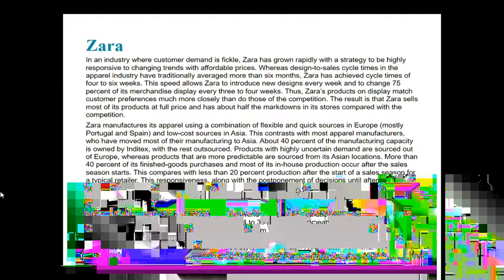Also, it is closer from Spain to the US than from Asia to the US, so when they send their products to American stores, it takes less time from Europe than from Asia. So by having their manufacturing facility close to market, that also reduces response time and supply lead time.